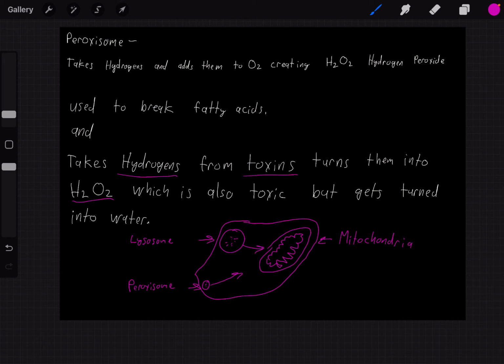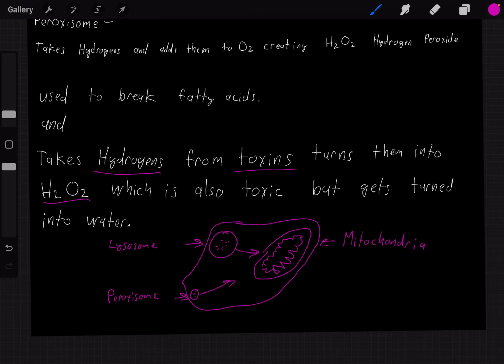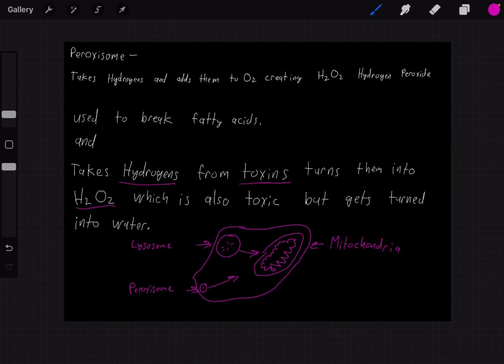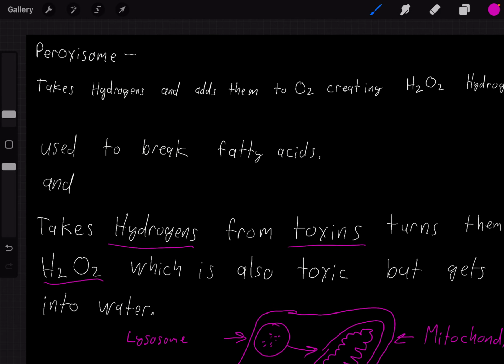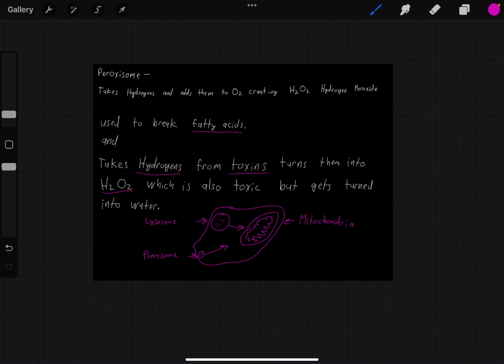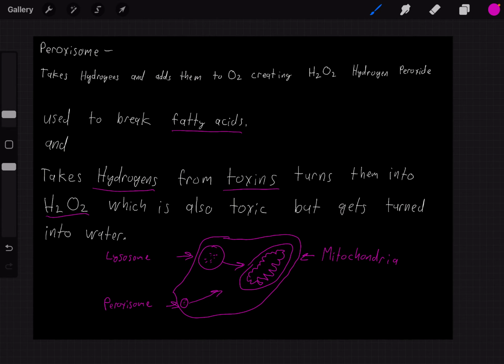So it's actually better to take that toxin than the toxins from the mitochondria, which could be really bad. Another reason I found in the book is they could be used to break down fatty acids and send them to the mitochondria when the cell needs ATP. That's another thing a peroxisome does, and that's also really helpful.